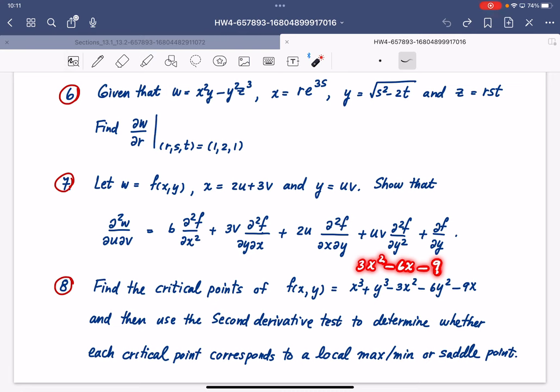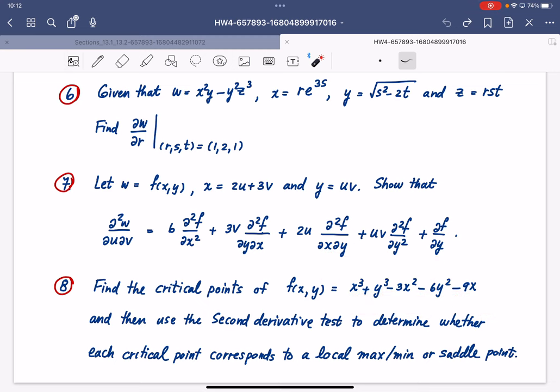Does it make sense? And then you set it equal to 0. Can you solve for x? This is actually 3 times x squared minus 2x minus 3. You actually can solve for x, right?